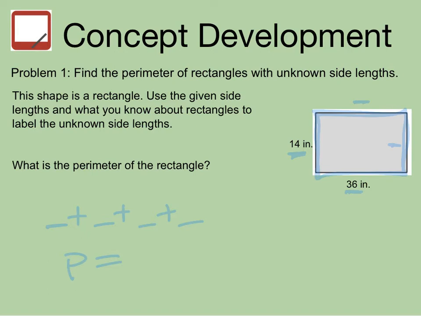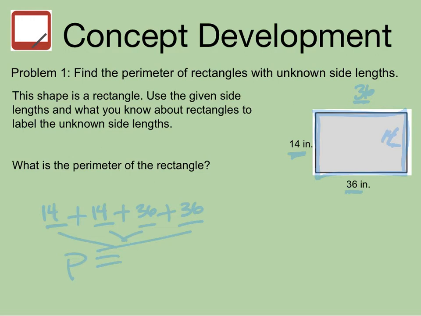Okay, boys and girls, so if we added, our missing side lengths over here would be 14 and 36. So I would have 14 plus 14 plus 36 plus 36. So remember, when we add, it doesn't matter the order that we add in. And I notice here that I can make tens. It's 4 plus 6 equals 10.